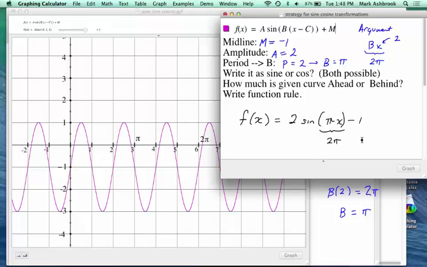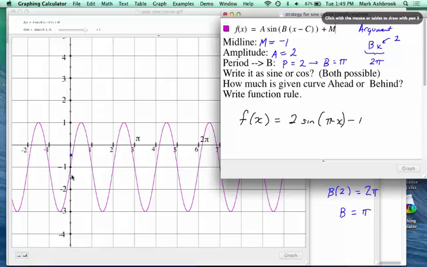Okay, questions? So now, every graph that can be written as a sine can be written as a cosine. So now is where understanding the horizontal shifts comes in. What we want to do is sketch what it would be if it were cosine without any shift.